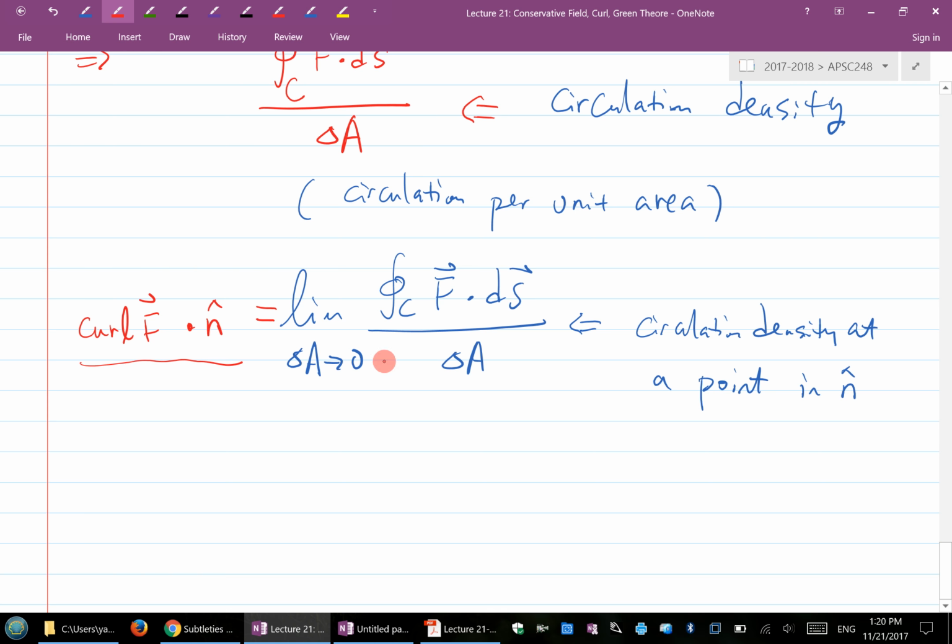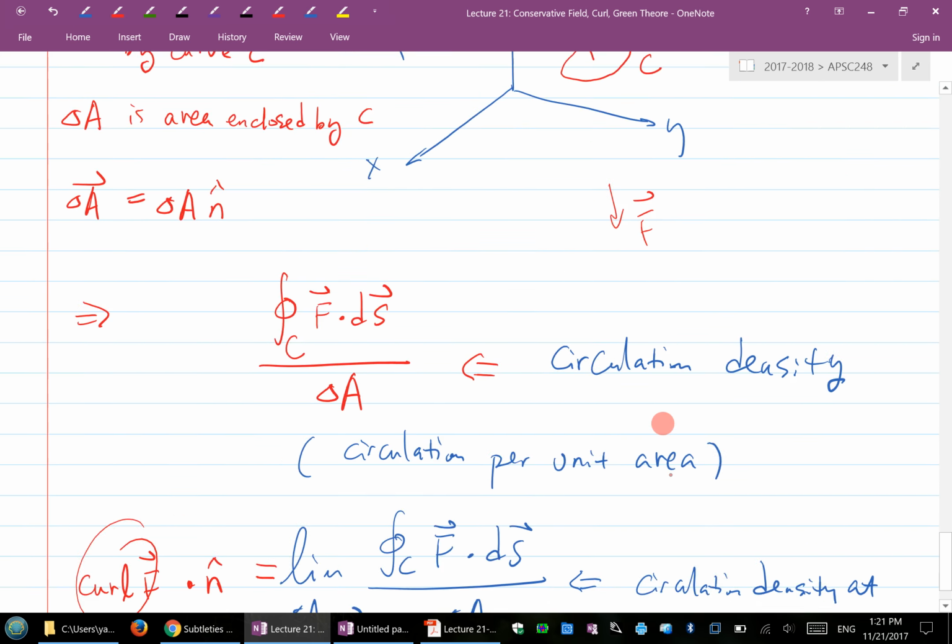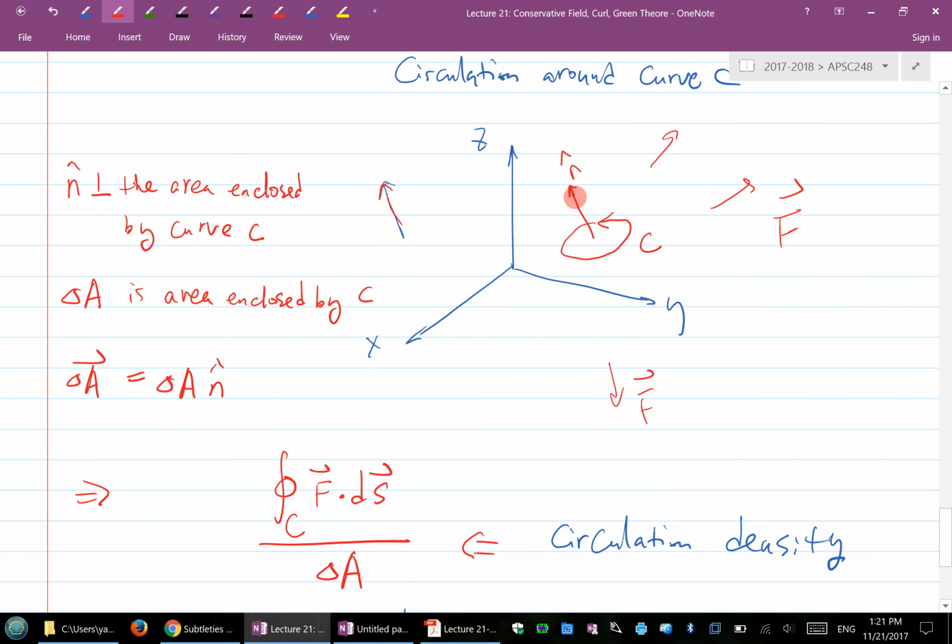Now you see, this circulation density definition is directly related to curl F dot n hat. What is the dot product again? When you dot a vector with a vector, meaning what? Projection, right? So this yields a vector, and that vector is projected onto the n hat direction. What does that give us? It gives us the circulation density for this point in that direction.